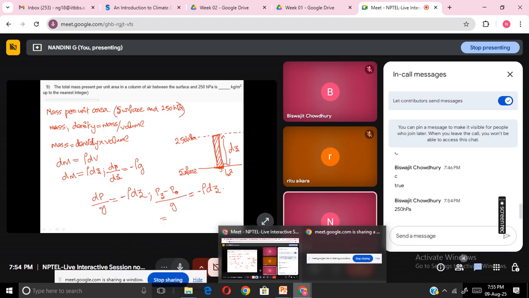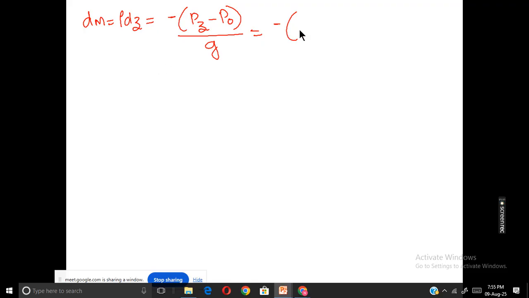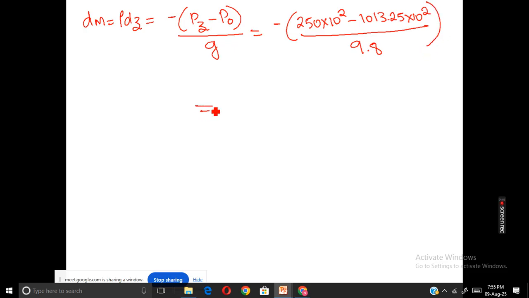Surface pressure. It is not given in the question, but that value we already know. As was said, Pz is already given, which is 250 into 10 raised to 2, and surface pressure we already know, 1013.25 into 10 raised to 2, divided by g. g has a value of 9.8. So what will be the mass?